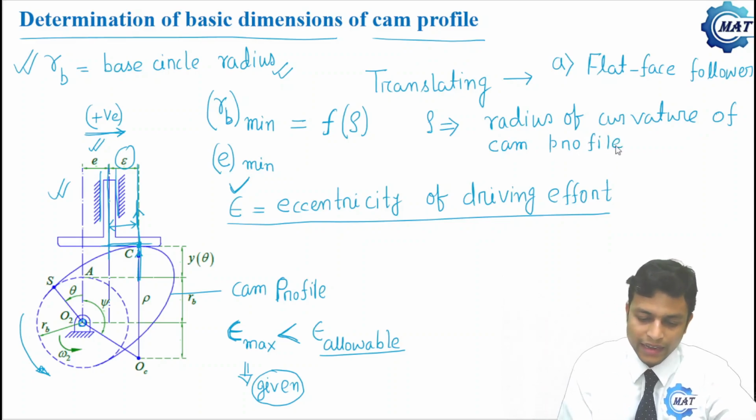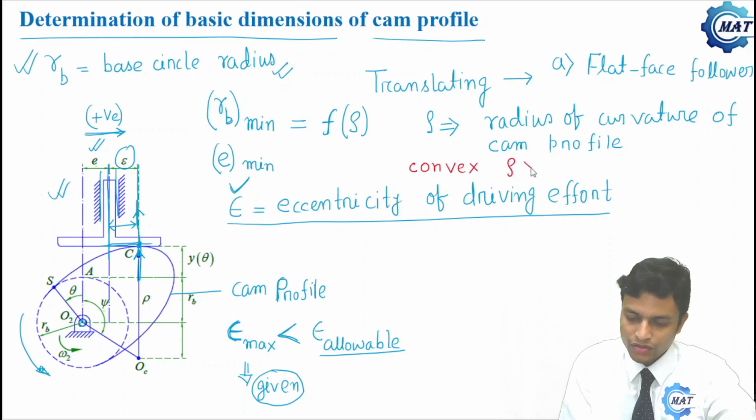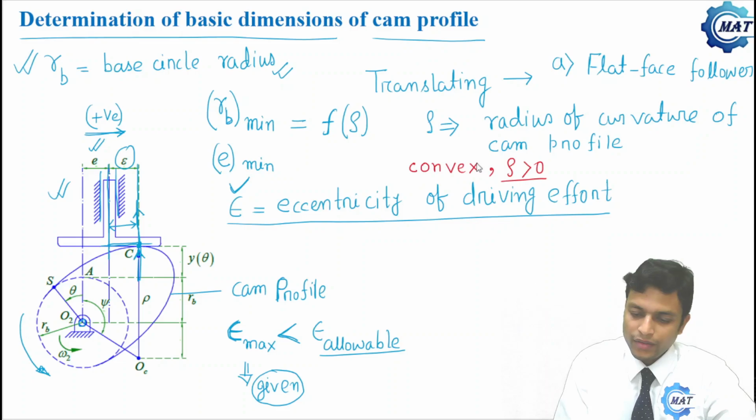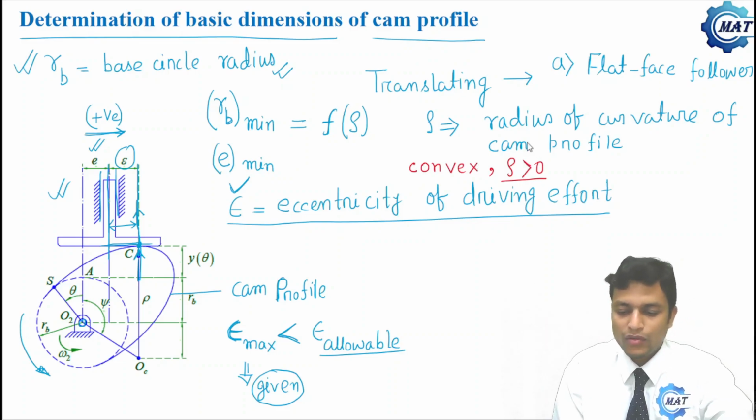The cam profile is always convex, that is, rho is always greater than 0. Rho cannot be negative. But why do we need a minimum value of rho?